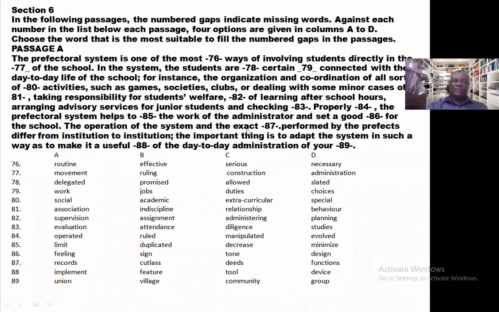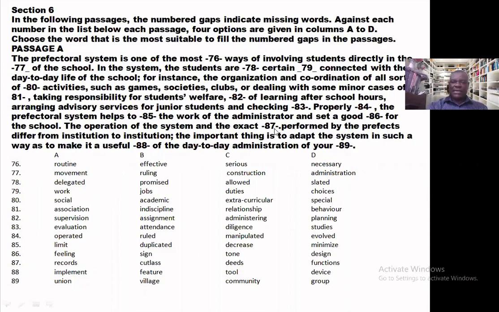The operation of the system and the exact dash performed by the prefect. Prefects perform their functions, of course, differ from institution to institution. The important thing is to adapt the system in such ways as to make it a useful dash of the day-to-day administration of your dash.